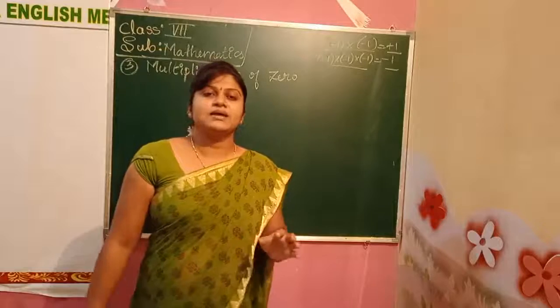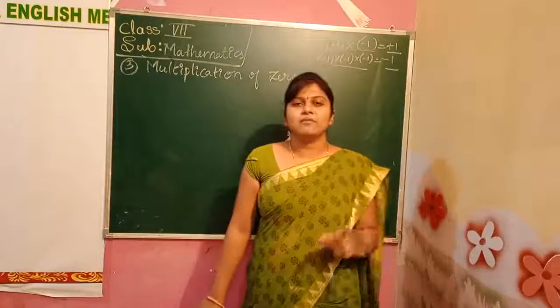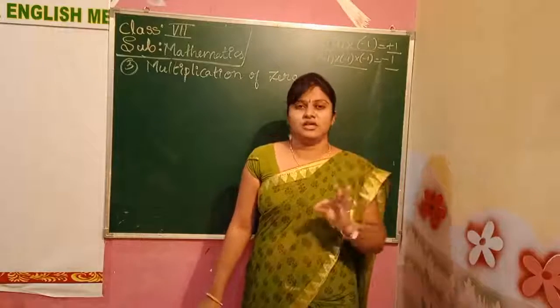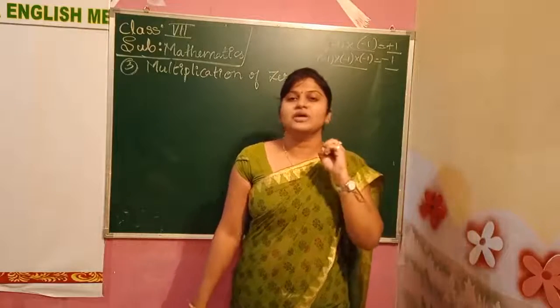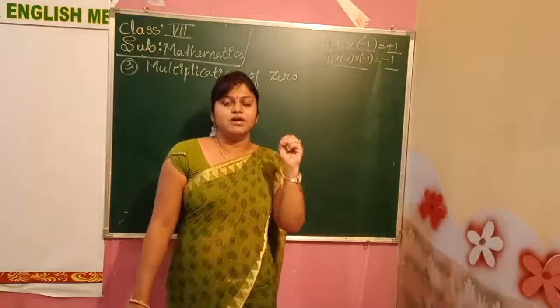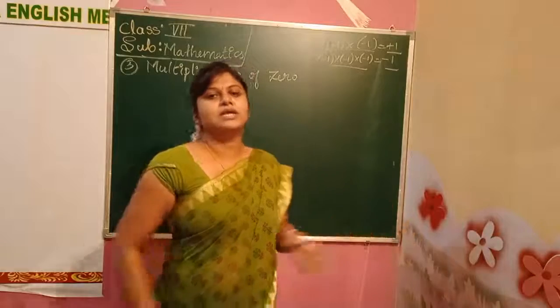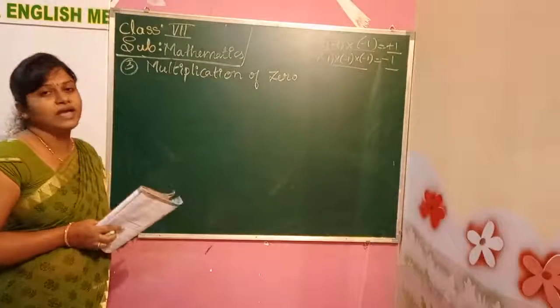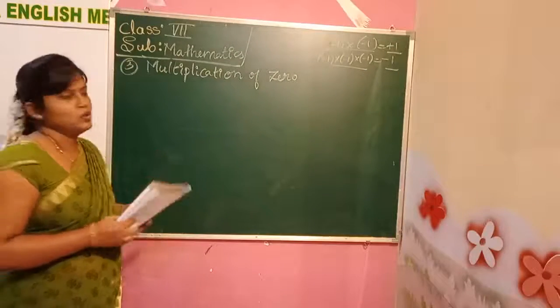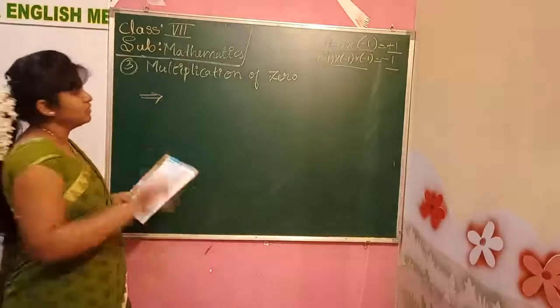Take any number, when you multiply that number with a 0, we get 0 itself, because 0 doesn't have any value. It is a negligible value, so obviously the answer will be 0 only.